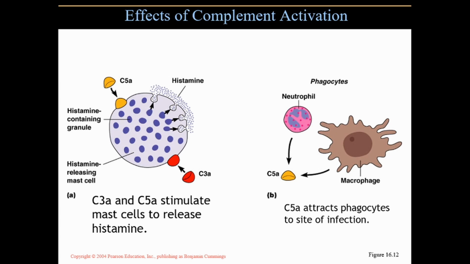C5a attracts phagocytes to the site of infection. So C5a is like a signal, hey boys, come over here, we have an infection, and along come the phagocytes to do their job of consuming the threat, the bacteria. So that's, in a very small nutshell, the complement system.